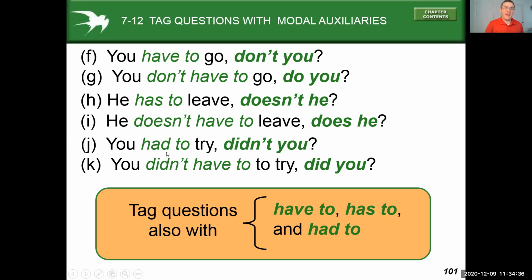The same with the past tense had. The modal for past tense, past simple, is did. In the negative, it'll be didn't. So in the modal, we put positive. So again, if it's positive in the statement, it'll be negative in the tag. If it's negative in the statement, it'll be positive in the tag.